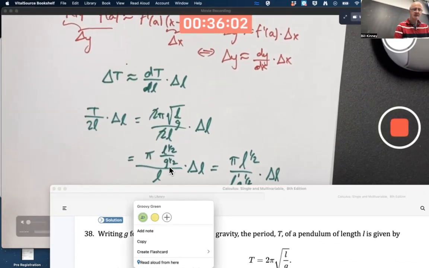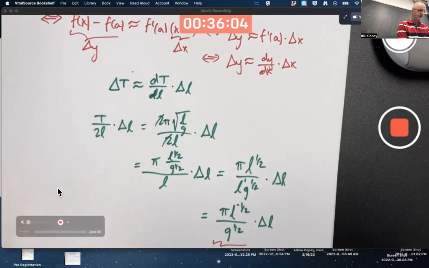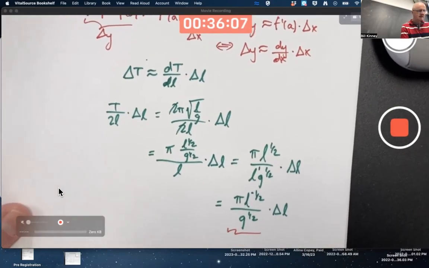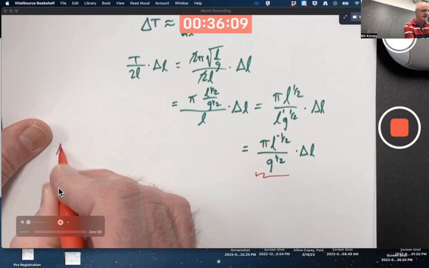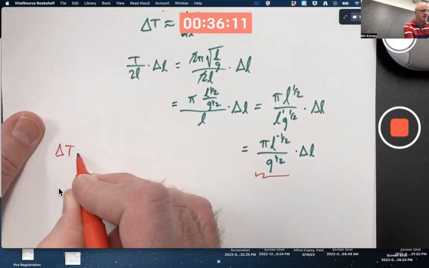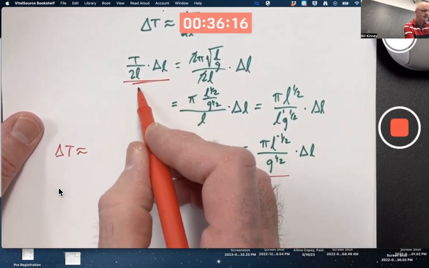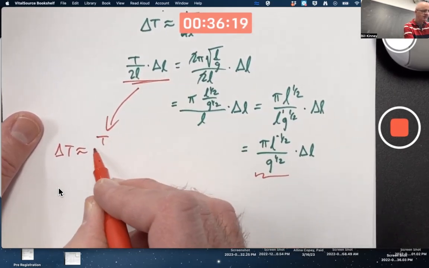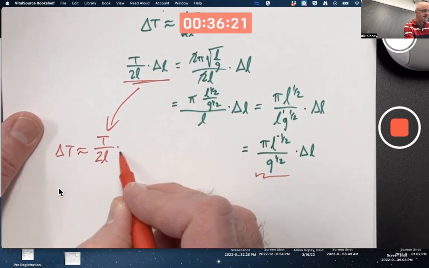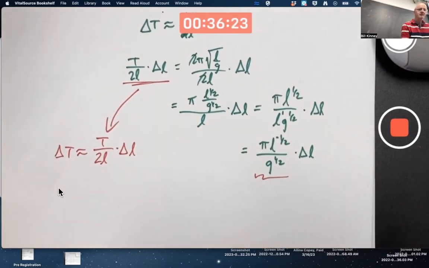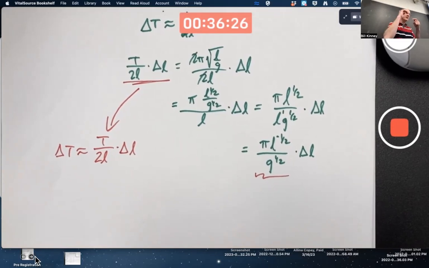So we've just derived in part A that delta T, the change in the period of the pendulum, is approximately that: the period itself over 2 times the length of the pendulum times the change in the length of the pendulum. Again, for a given pendulum, its length wouldn't change. When you imagine applying this, you're imagining changing what pendulum you're working with, making it a little longer or something.